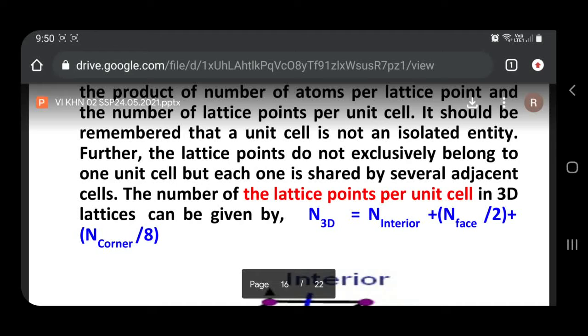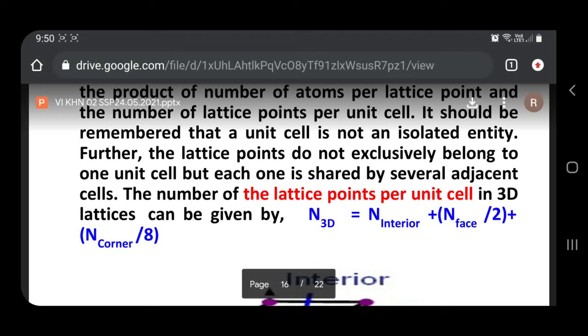Usually what happens is, if an atom is present at the center of each face, it is shared because that face is shared between two adjacent cells. So one atom present means half the atom belongs to the left side unit cell, half the atom belongs to the right side unit cell.